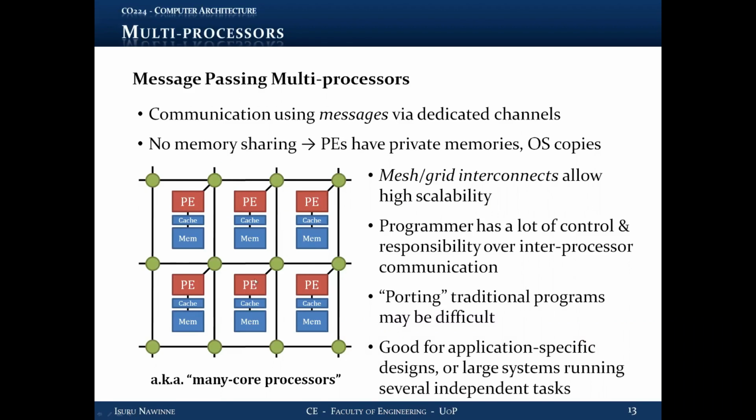So the processing of the communication part of the system is distributed through these routers in the network. But on the other hand, the programmer has a lot of control and also responsibility over interprocessor communication.